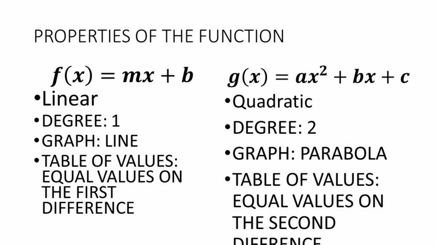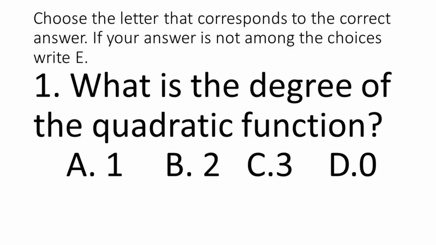On the other hand, we have g of x is equal to ax squared plus bx plus c. It is a quadratic function. A quadratic function has degree 2. The graph is a parabola, and given the table of values, we could notice that there are equal values on the second difference.